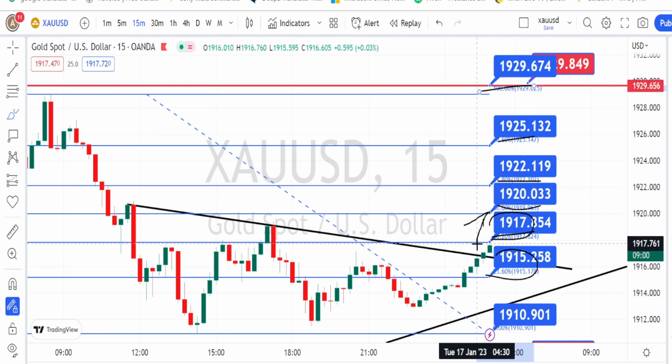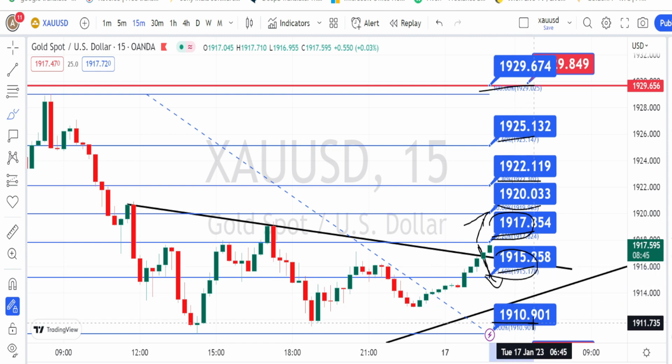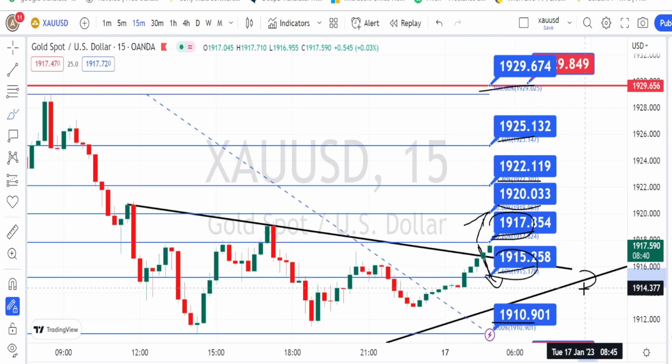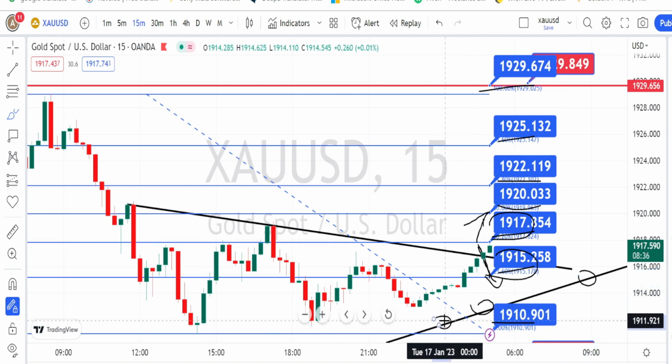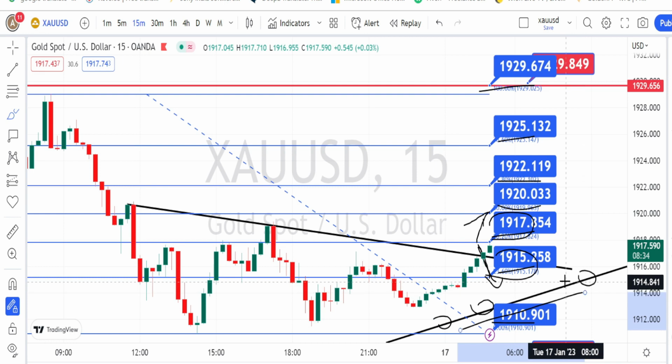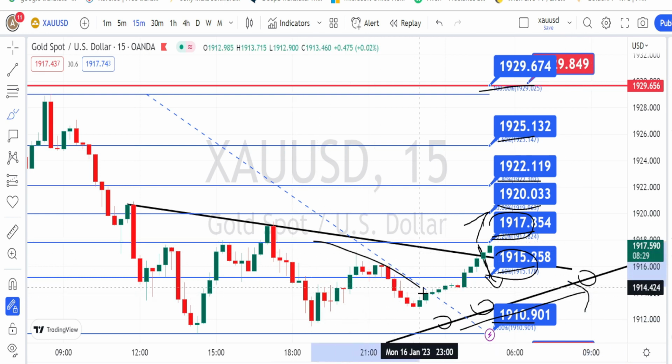And if the price action bounces from this resistance level of 1917, the immediate support on the bearish side is going to be around 1915 and 1910. And the current trend of the price action is still in a bullish trend as long as it is trading above this hourly time frame trend line or the support line in 15 minutes time frame also.